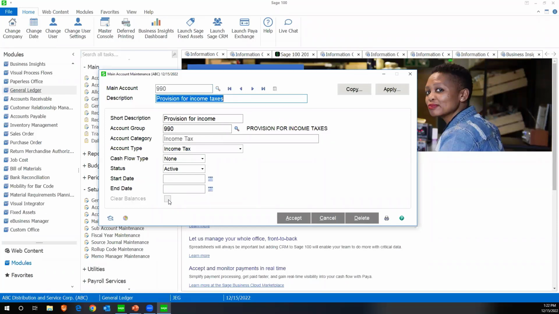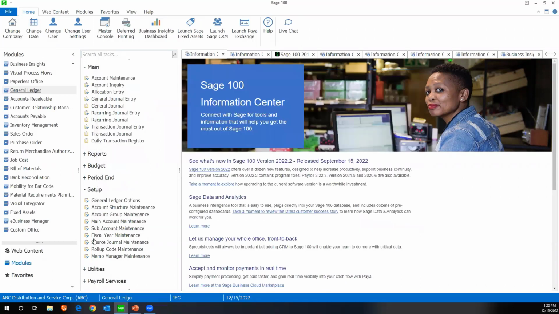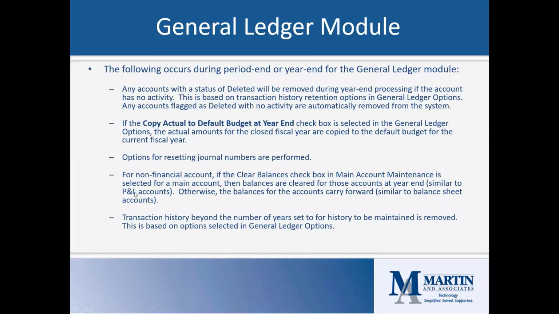If you don't check that box, then the ending balance from the previous year carries over as the starting balance for the next year. So that's what that's dealing with. And non-financial accounts are really nice for putting non-financial data out there to track on your reports. Transaction history beyond a number of years will be removed.